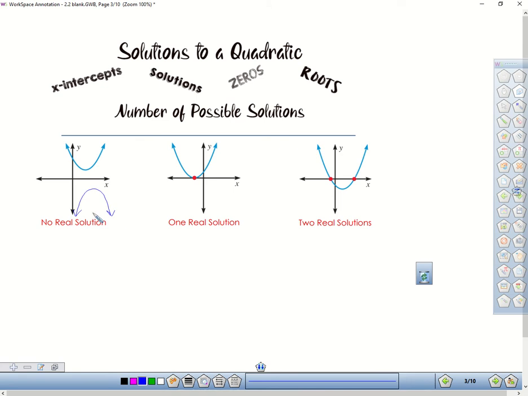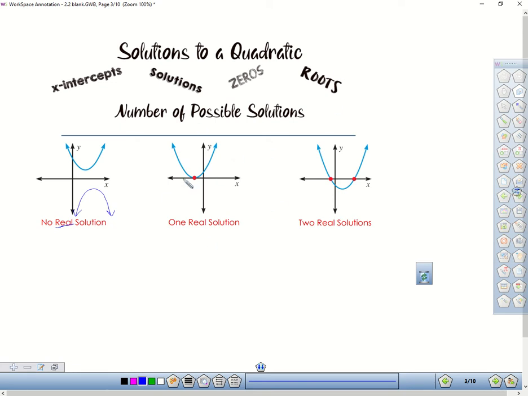So in both of those cases, neither quadratic will ever cross the x-axis, meaning it has no real solution. Now you'll specifically hear us say the words no real solution. That doesn't mean there isn't a type of solution. We call that an imaginary solution, which we'll talk about in future lessons. But just keep in mind that means we have no real solution.